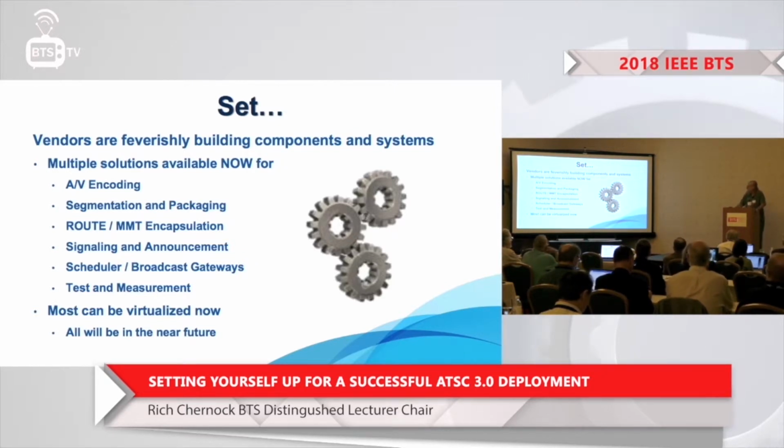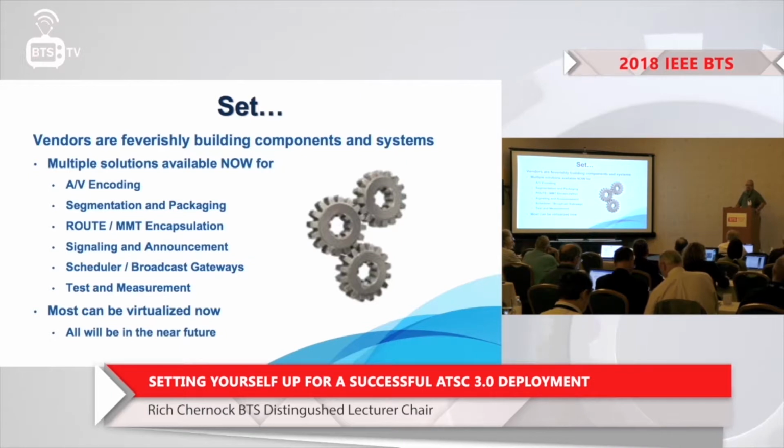And most of this stuff can be virtualized. It's a little bit interesting, because when I first got into this, broadcasters didn't like computers. So most of the equipment they bought, encoders, multiplexers, things like that, were computers, but they were packaged in a way that made them look like appliances. Now, computers are everywhere, people are used to them. When you get into computers, you can start thinking about virtualizing.